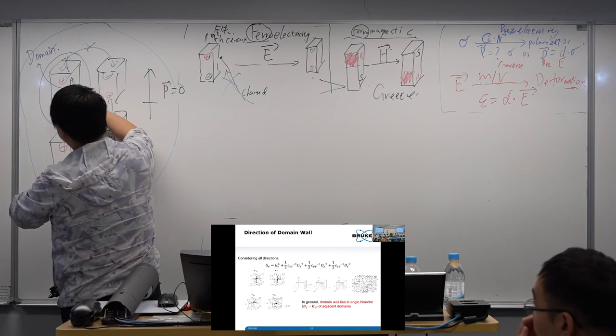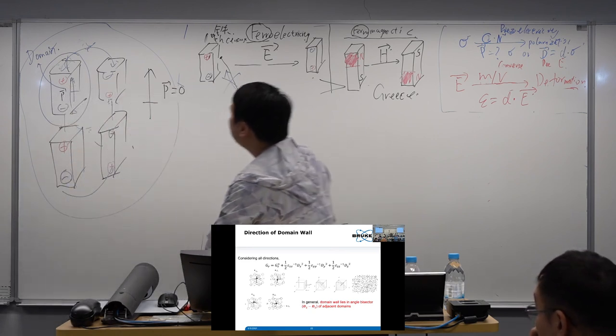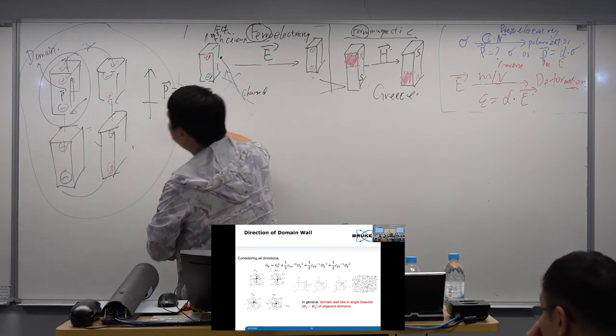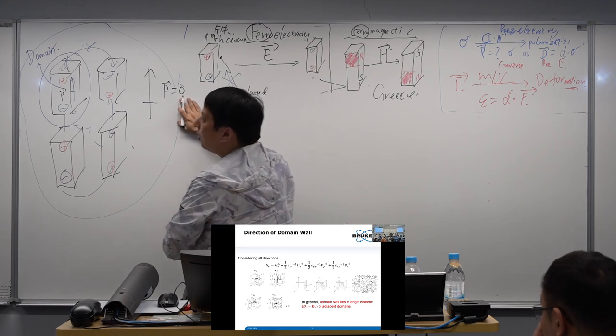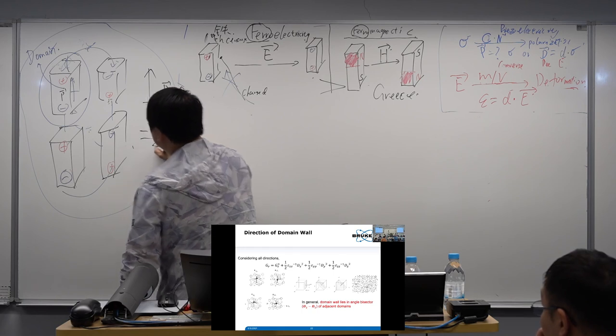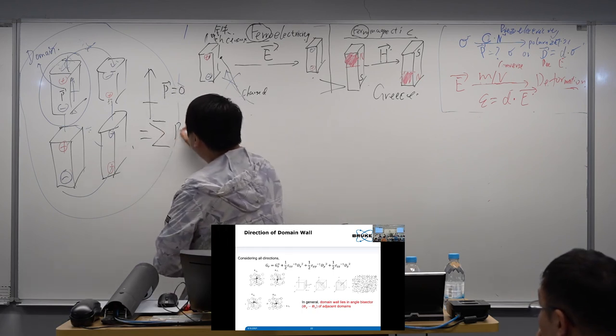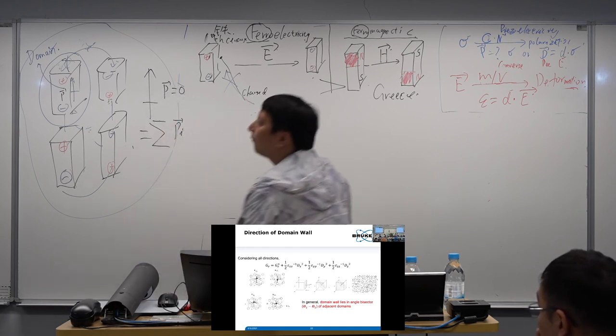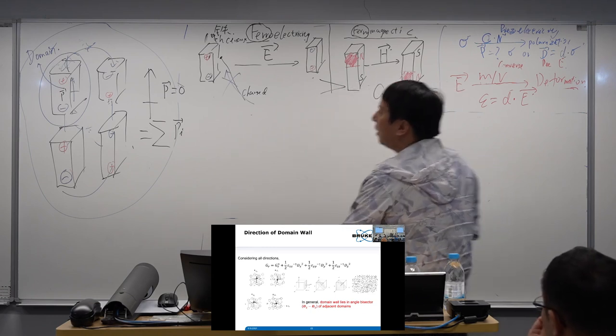Inside each domain, it has different polarizations. And so the total polarization is 0. So I can write down in this way. It's just a sum of small domains together, right?